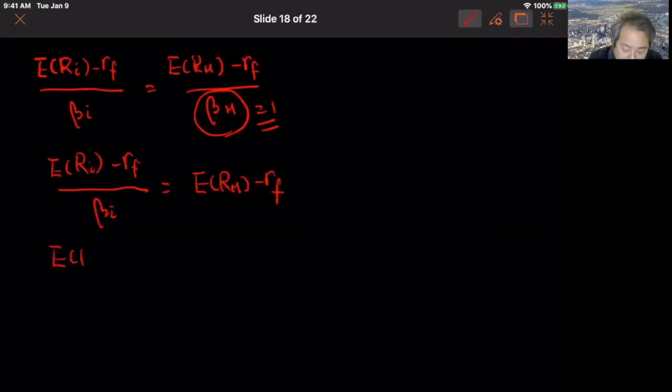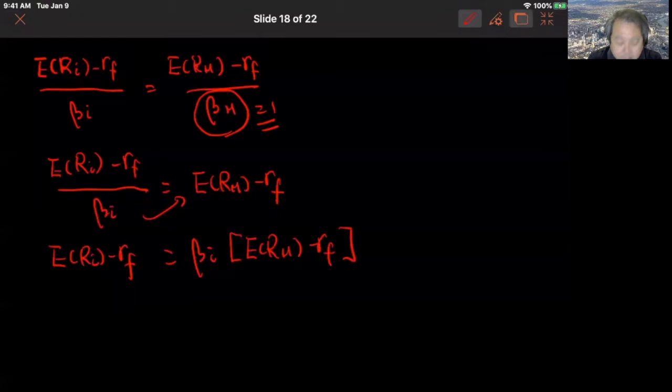And the risk premium of an asset equals the beta of an asset times the market risk premium.